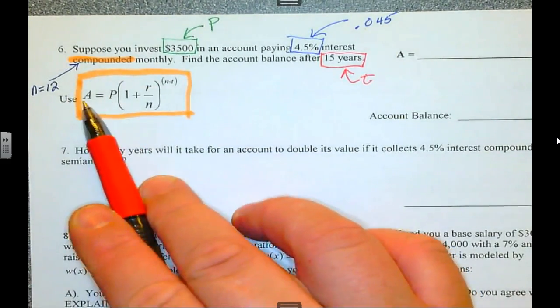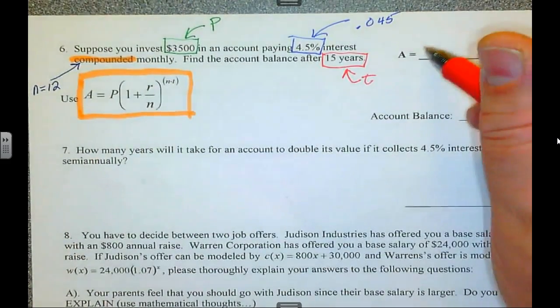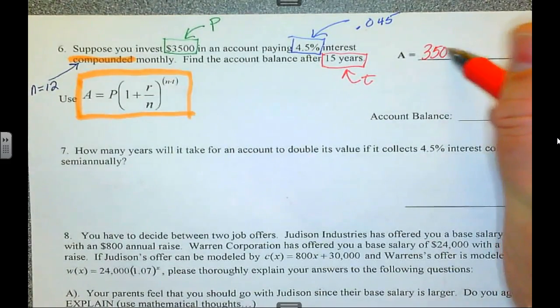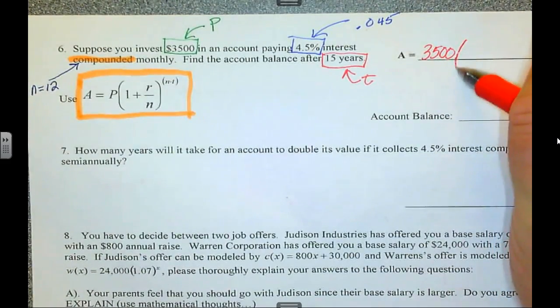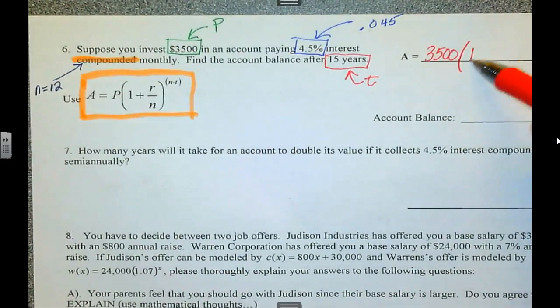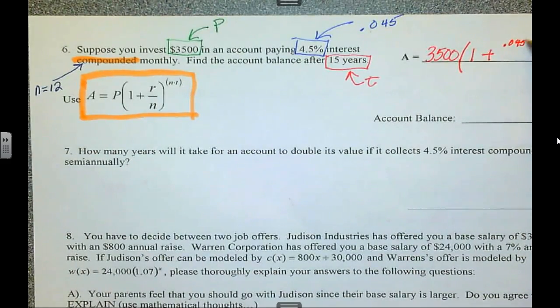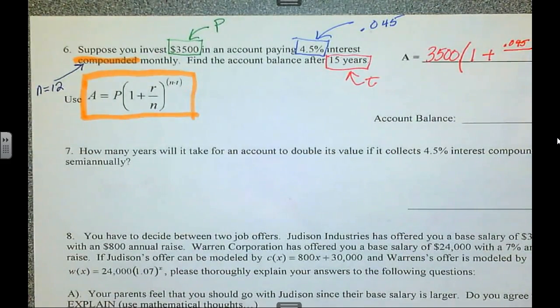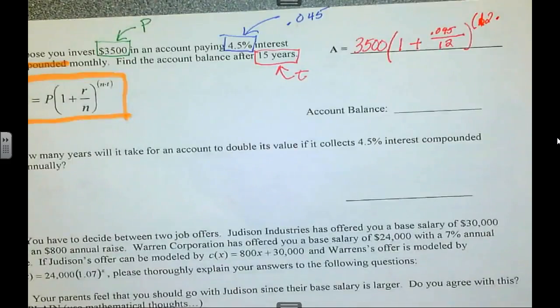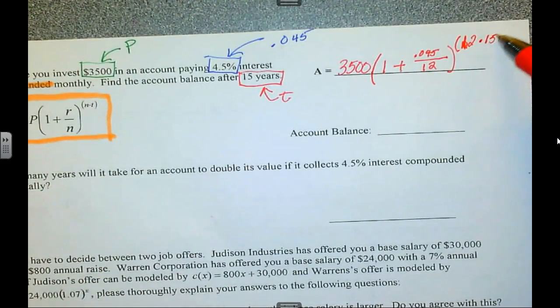So I have A equals my P, which is 3,500, times 1 plus my rate, 0.045, divided by my n, 12, raised to the n times t, 12 times 15.